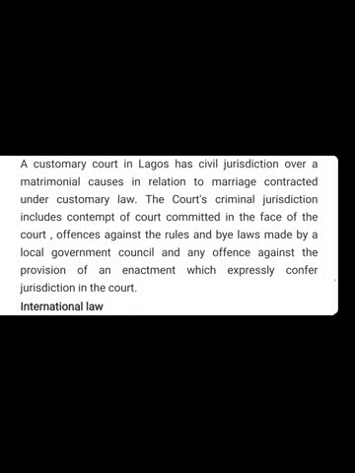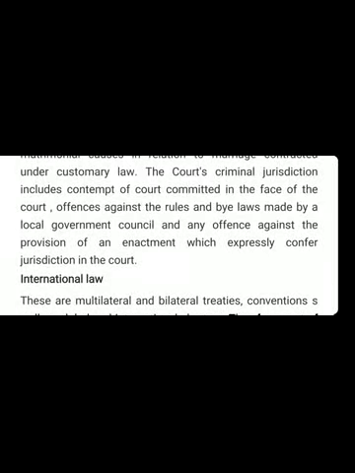The court's criminal jurisdiction includes contempt of court committed in the face of the court, offences against the rules and bylaws made by a local government council, and any offence against the provision of an enactment which expressly conferred jurisdiction in the court.